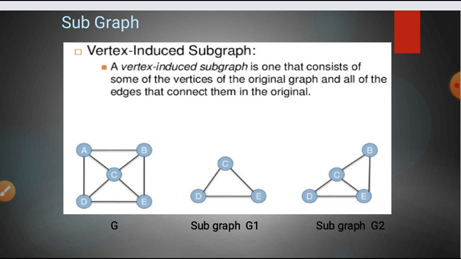DCE is a subgraph extracted from the original G, and at the same time graph G2, in which we plotted D, C and B and E, whatever we plotted here is also present in G1 itself.